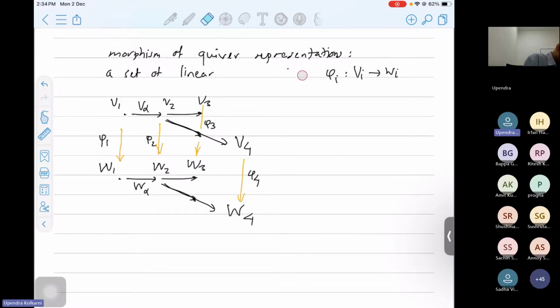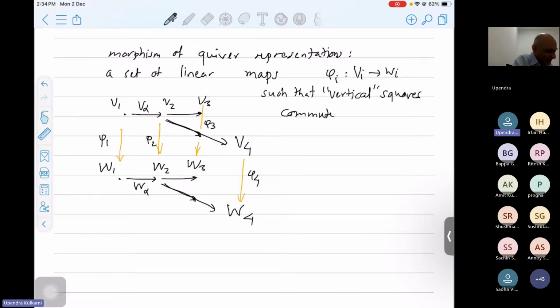And instead of isomorphisms, I will simply get linear maps such that I will simply say, is it okay to say vertical squares commute? I hope it's okay to say that in the lecture. You will, of course, be able to find the appropriate definition in any text.